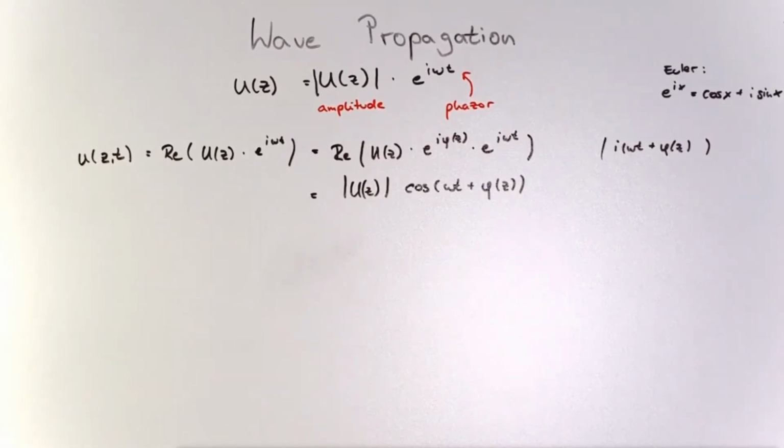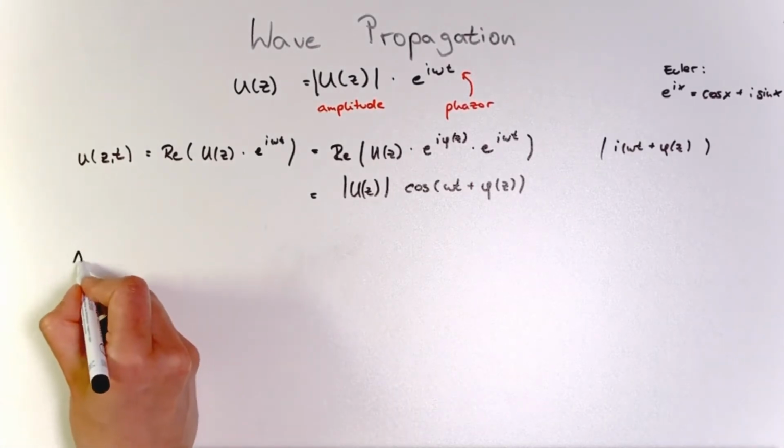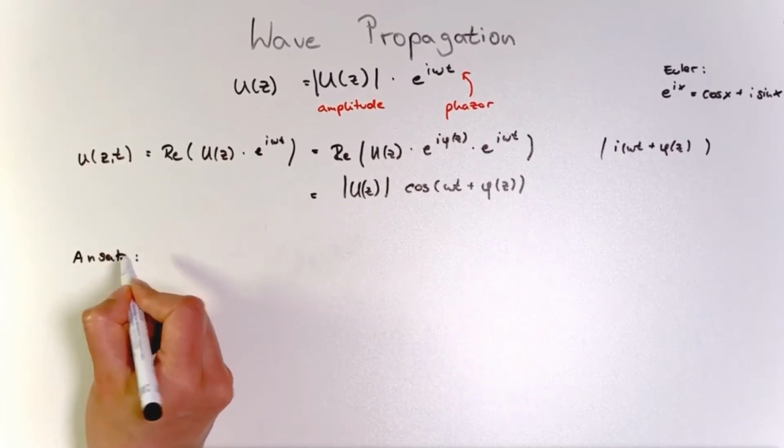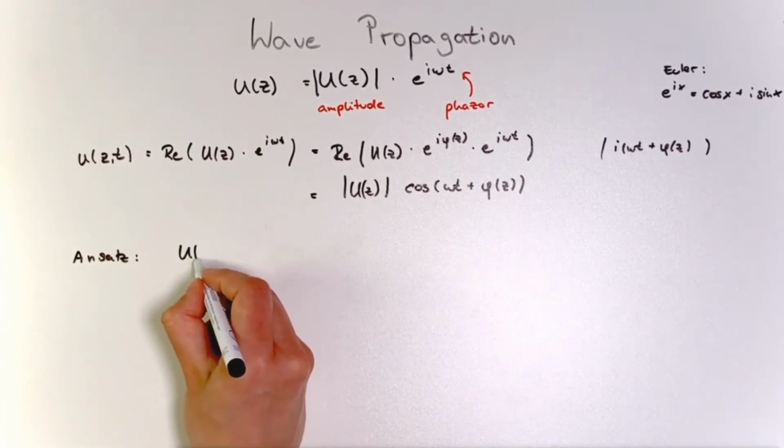Okay, so what we do now is we take our exponential expressions for voltage and current. And this is just taking all the same equations again and putting them in. So let's start with the voltage. We will make what's called an Ansatz, so an approach. The voltage comes first.